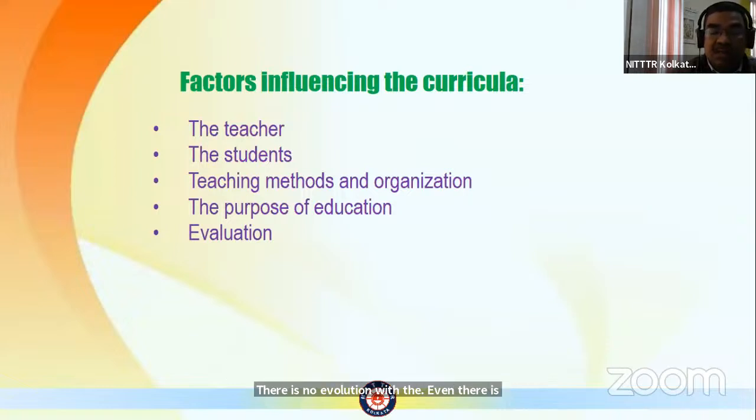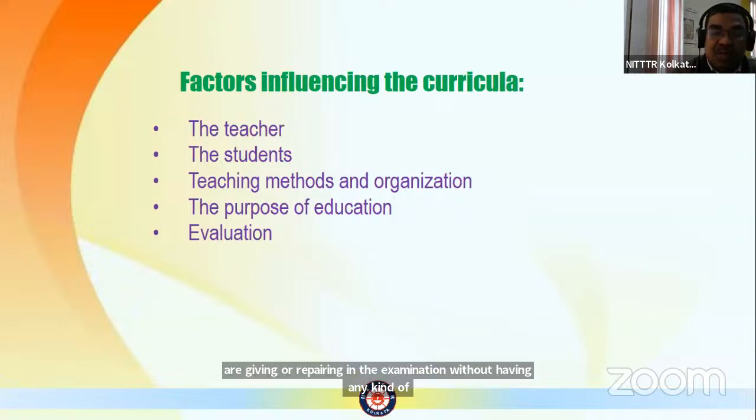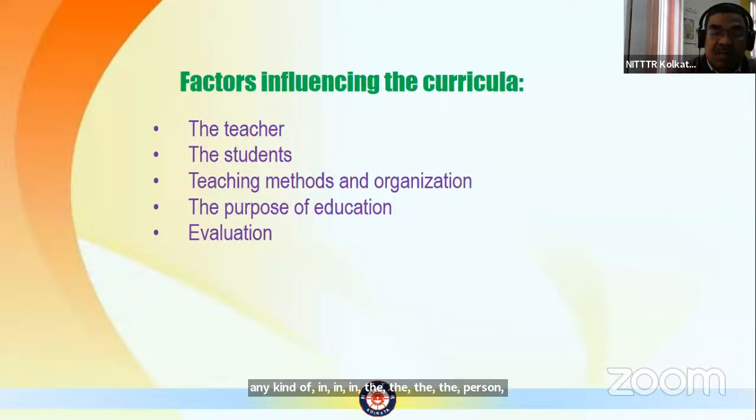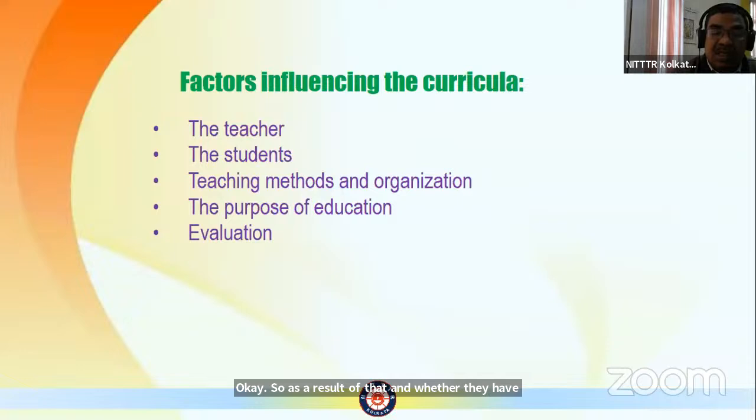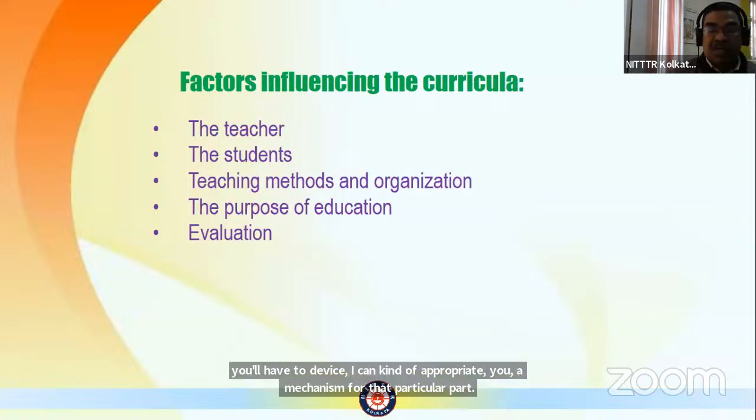Students are appearing in the examination without any kind of invigilation, like an open book type of question. As a result, whether they have learned or not, you cannot really evaluate it. So you'll have to develop an appropriate evaluation mechanism for that particular purpose.